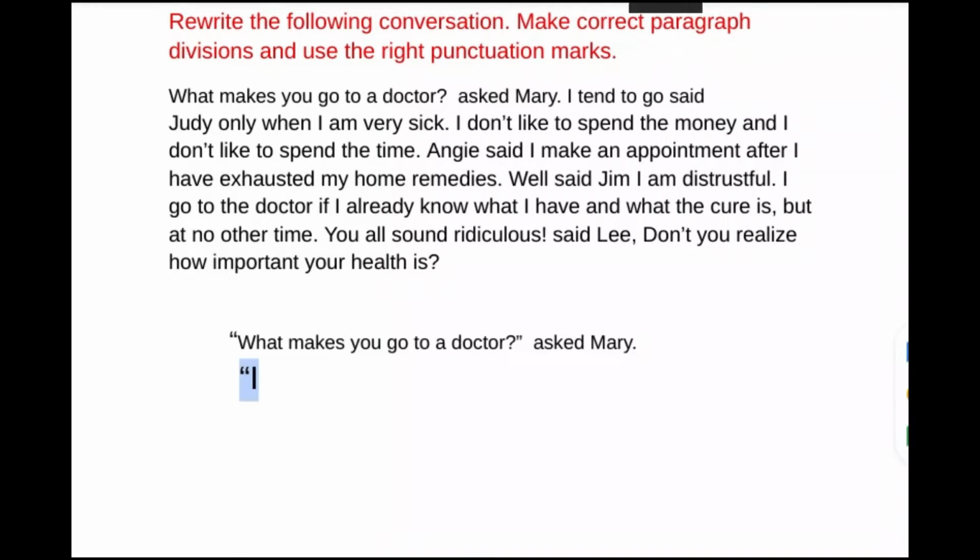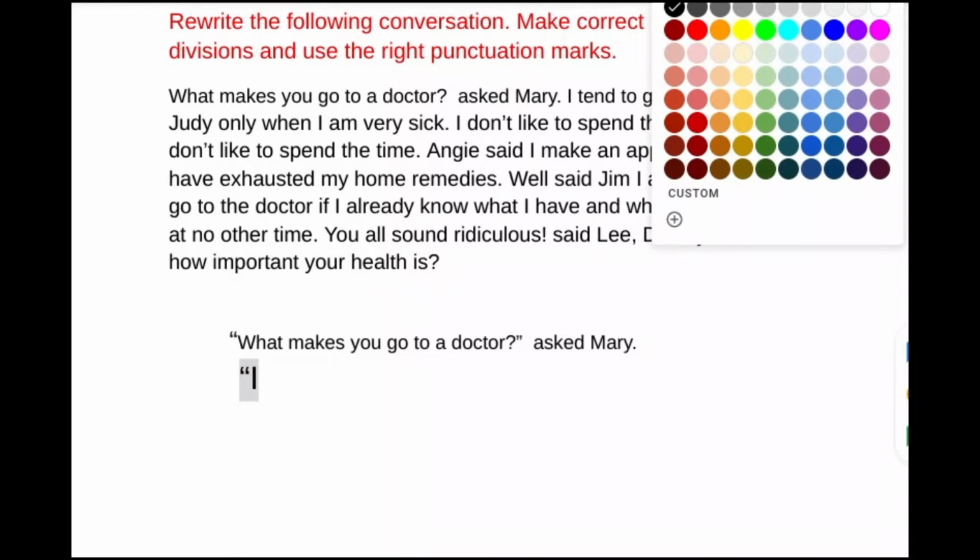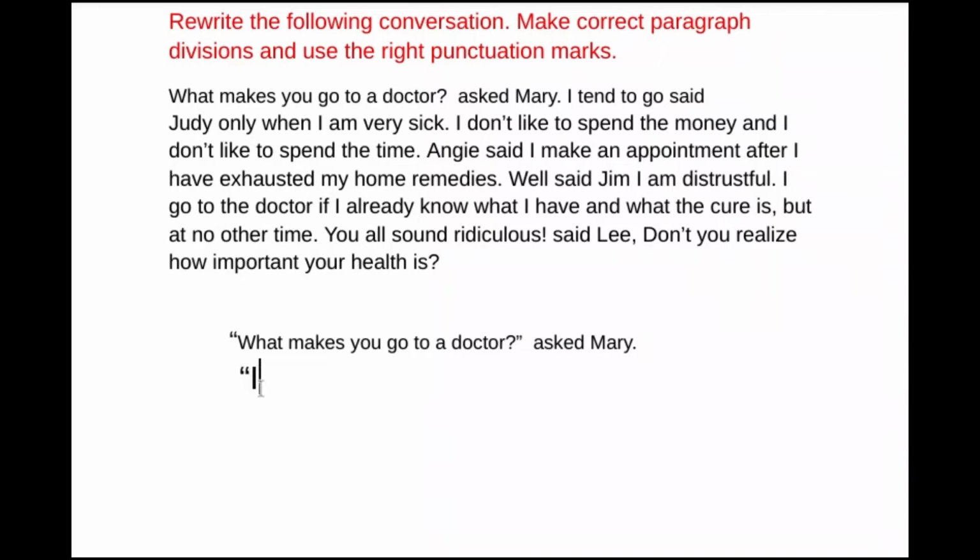Let's just copy what's there to make it easier for us. So I'm going to copy this. I tend to go, said Judy, only when I'm very sick. I don't like to spend the money. I don't like to spend the time. I'm going to paste it over here.